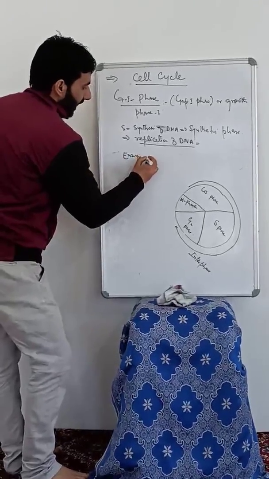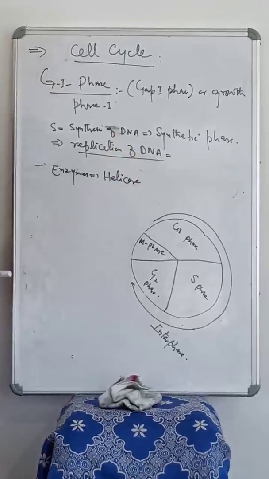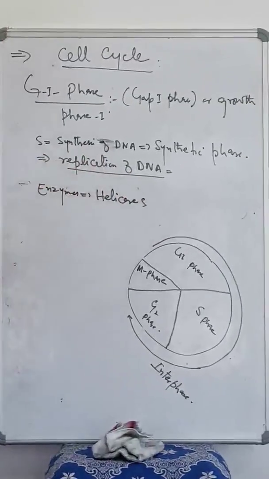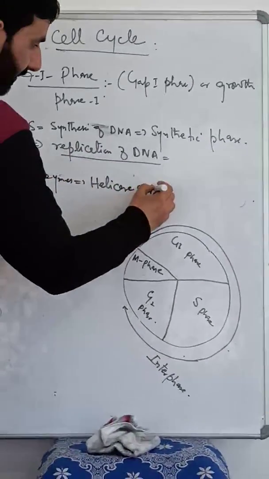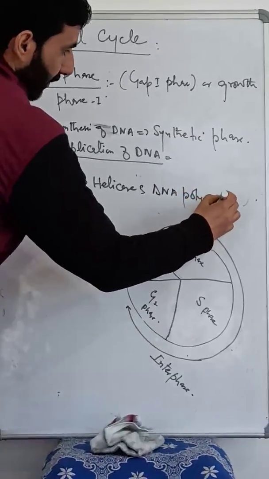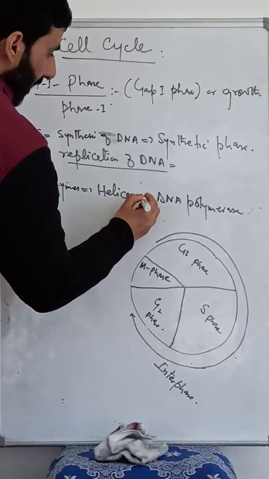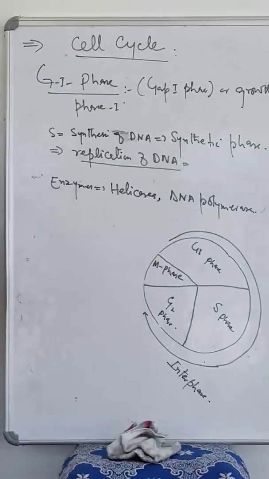We need enzymes, for example helicases, topoisomerases. We need DNA polymerases, so we need these enzymes which are required for DNA replication.